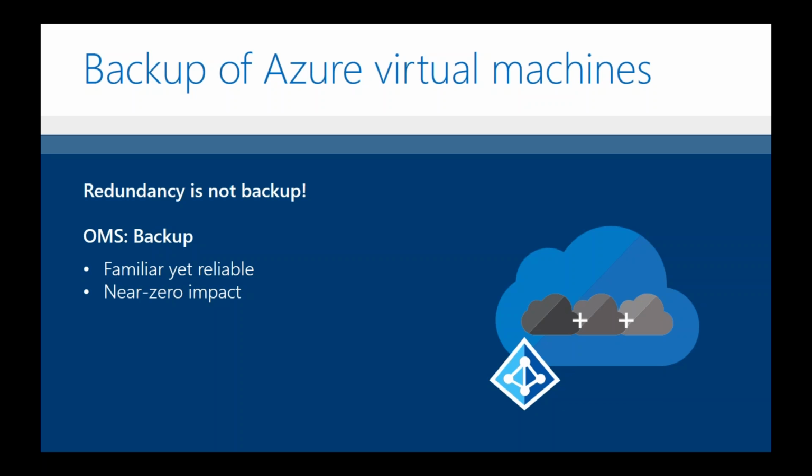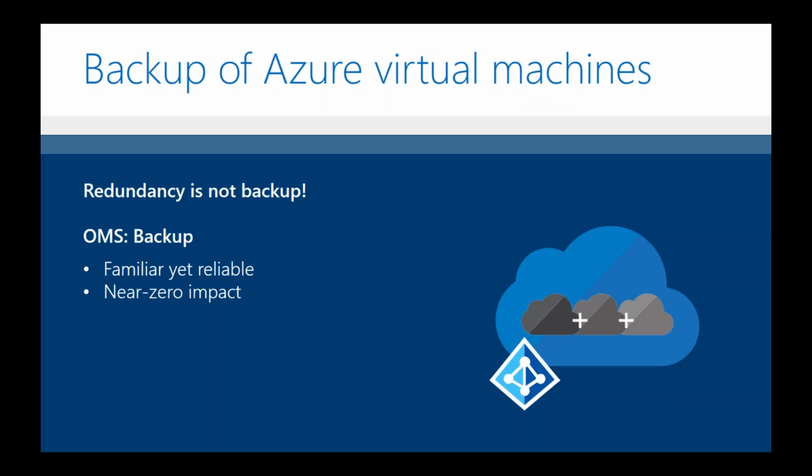It also makes use of technologies such as VSS, volume shadow services, to deliver application-consistent backups of all your Windows virtual machines, and now even Linux is starting to be part of that as well. And also, it can fail back and deliver crash-consistent backups as well on VMs, or VMs that are turned off, for example.